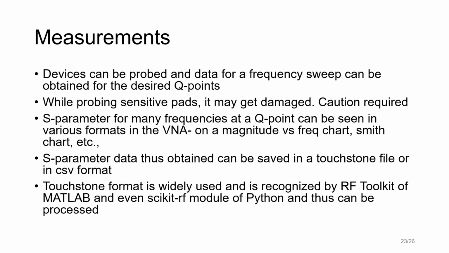Any further processing to extract any further information from these S parameters at different frequencies can be carried out by writing a script. However, if using CSV files or any other format is more convenient, the VNAs also support saving it in the CSV format or the other formats as well.